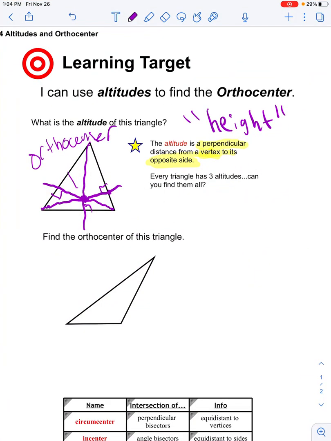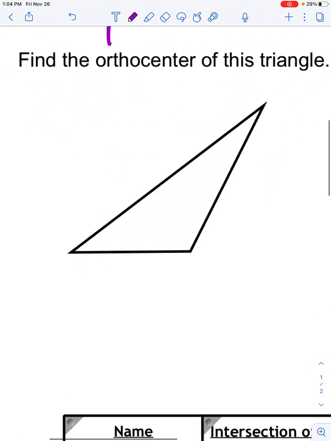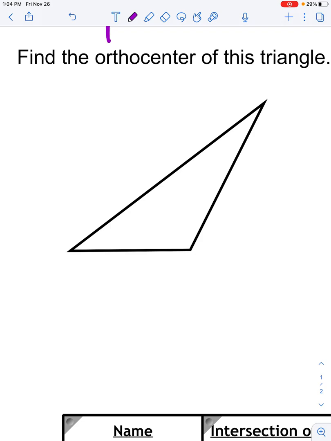If I jump back to my notes, there we go. To find the orthocenter of this triangle, this is an obtuse triangle, so my guess is that it is going to be on the outside. To find this 90-degree angle, I'm going to go about something like this.